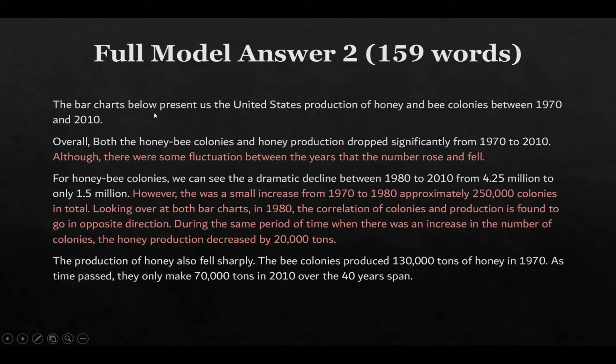The bar chart below presents us the United States production of honey and bee colonies between 1973, blah, blah, blah. Overall, both the honey bee colonies and honey production dropped significantly from 1970 to 2010, although there were some fluctuations between the years that the number rose and fell.